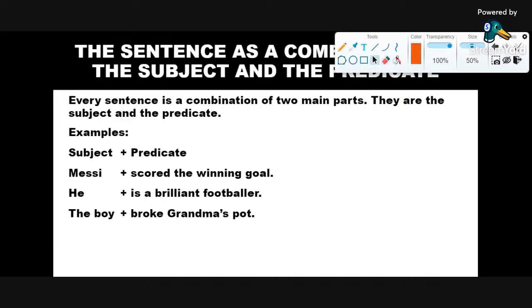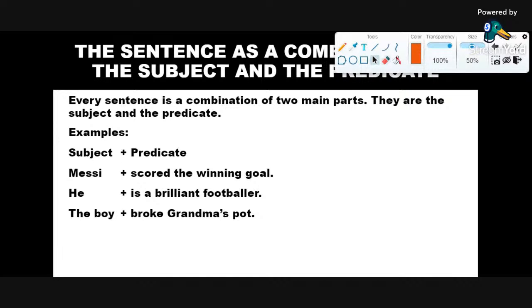So there are 2 things: who the subject is, who the doer of the action is, and then what he did or does. The predicate tells us what he does or what he is.